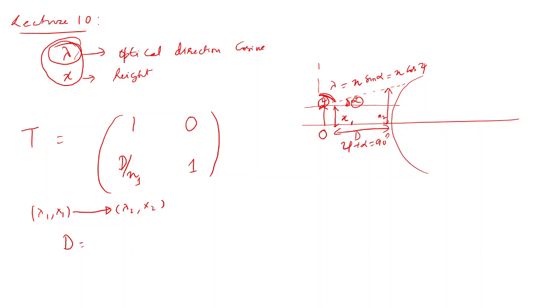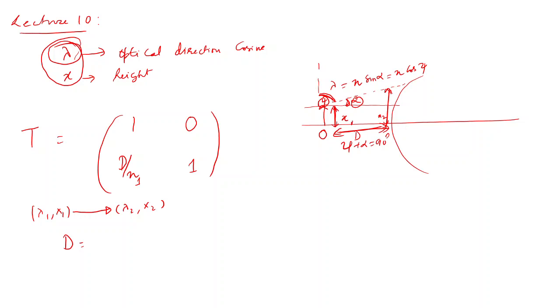I'm going from point x1, which is again the height, and x2 is the height here. So the distance between these two is d.